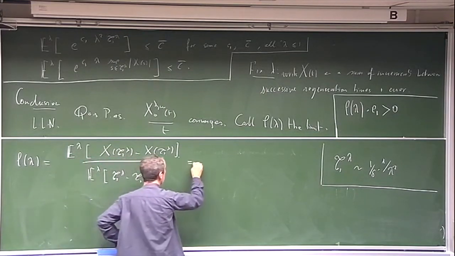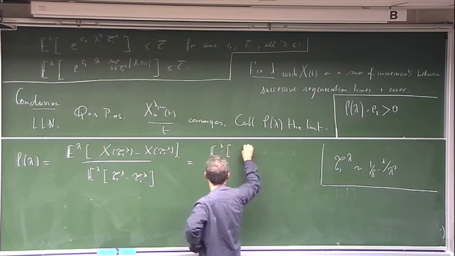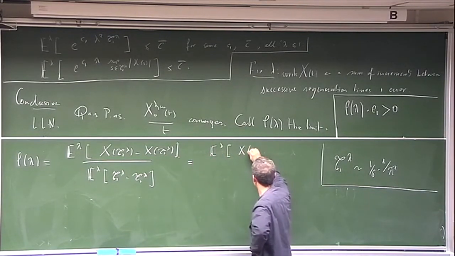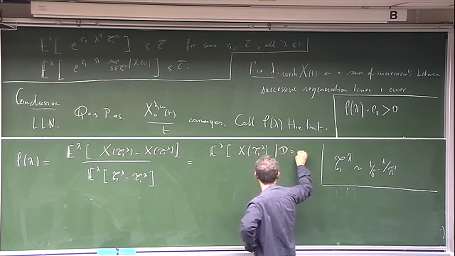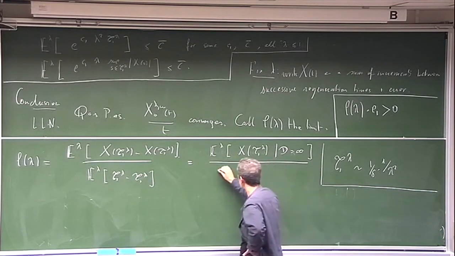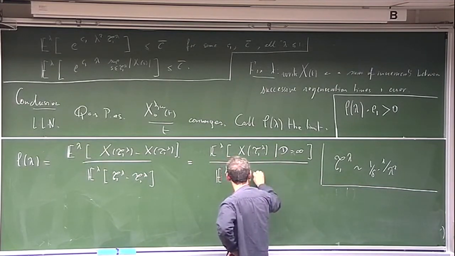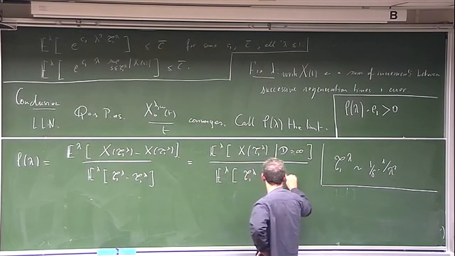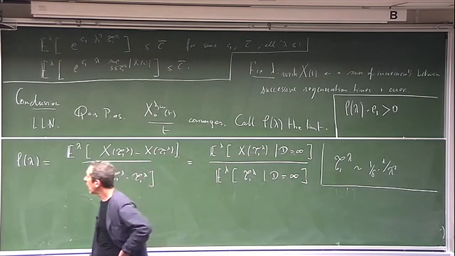Or, equivalently, this is the expectation of the position at the first regeneration time, but conditioned on the fact that D is infinite. And then we can do the same thing for time, conditioned on the fact that D is infinite. Okay.